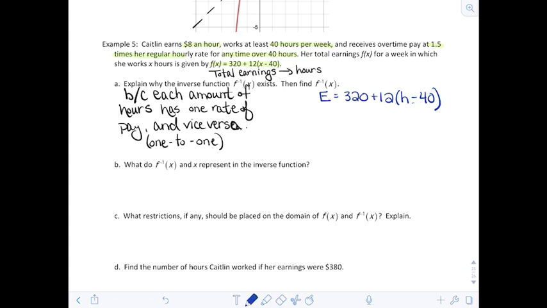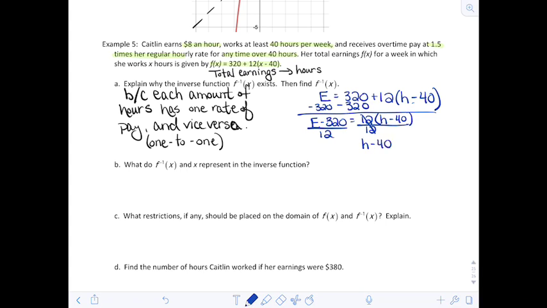Okay, so I want to solve for hours. That's how I would find the inverse of this. The first thing I'm going to do, if I want to get to h, is subtract 320 from both sides. So earnings minus 320 is equal to 12 times (hours minus 40). Then I'm going to divide the entire side by 12.